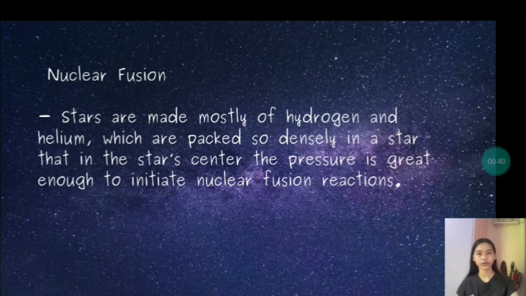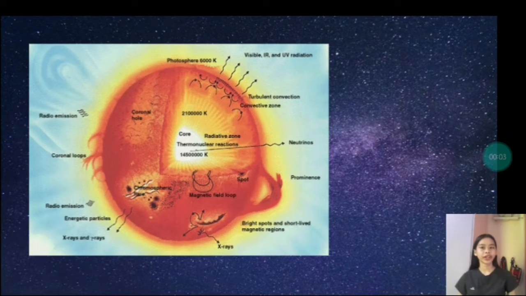Although nuclear fusion reactions require a lot of energy to get started, once they are going, they produce an enormous amount of energy. So in a star, the energy from fusion reactions in the core pushes outward to balance the inward pull of gravity.